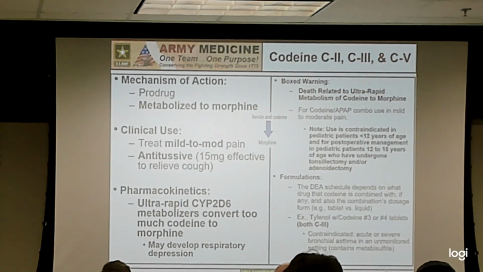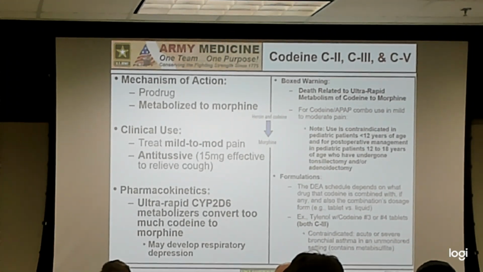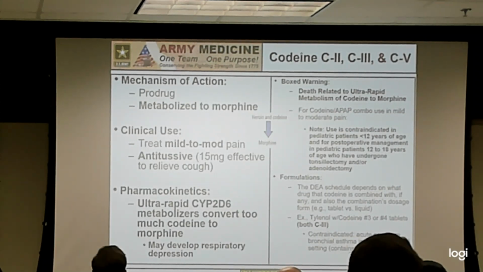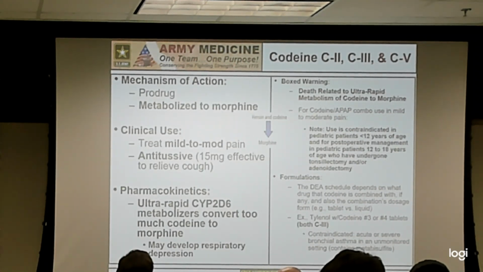So if you can give low doses with our opioids, that is always what we are trying to do, okay? Because you don't know if somebody is a rapid metabolizer or not, and yes, you can test for it, but usually by the time you think to test for it, it's already too late. So your black box warning is the death related to the ultra rapid metabolism. If you have children under the age of 12, we are not giving it to them at all.